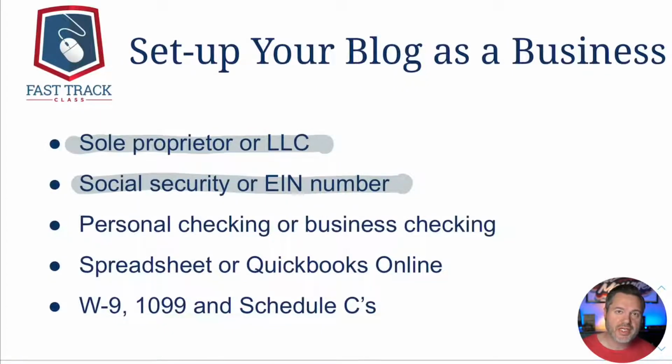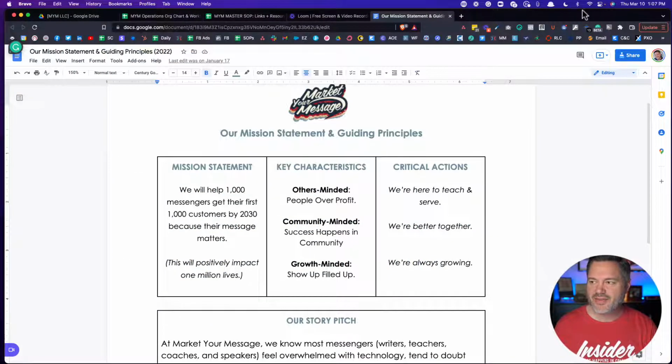is an employer identification number, is what it stands for. And I'll show this to you real quick, there are places out there like LegalZoom and some other places too that will actually charge you money to give you an EIN number. But here's a little hidden secret.